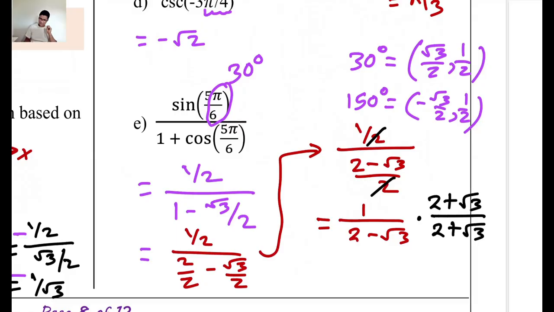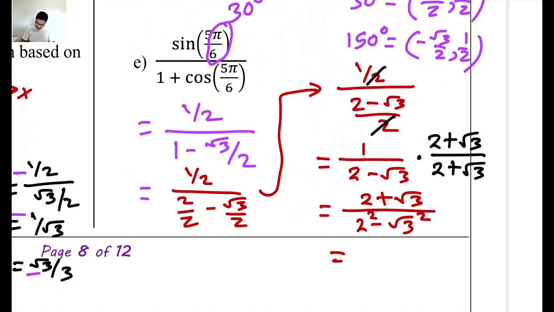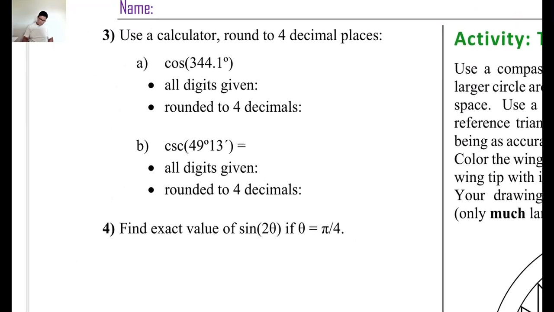That is 2 plus root 3 over 2 plus root 3, and 2 plus root 3 over now a square minus b square. 2 square minus root 3 squared, and that will be 2 plus root 3 over 4 minus 3, 1. I'm skipping that now; you understand it. Denominator will be 1. So 2 plus root 3 is your final answer. Very good practice problem. We're doing some more.